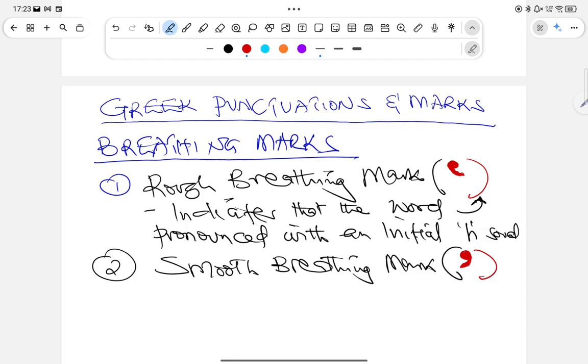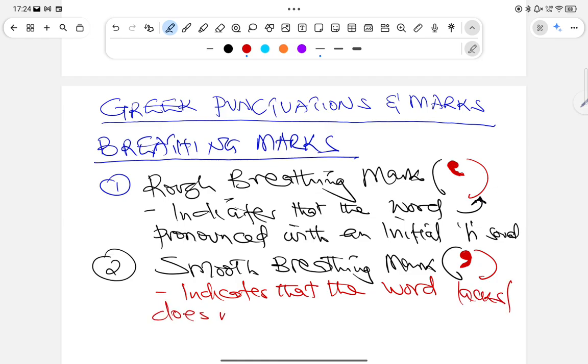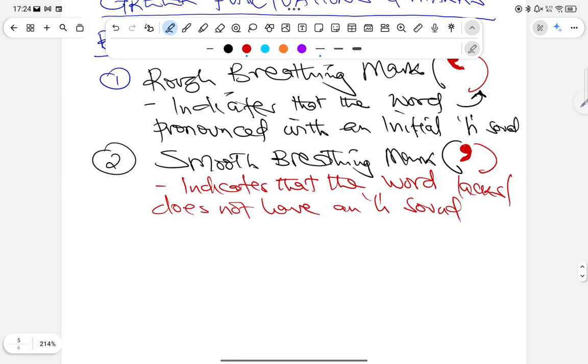The smooth breathing mark indicates that the word lacks or does not have an H sound, meaning the word is pronounced exactly as it is written.